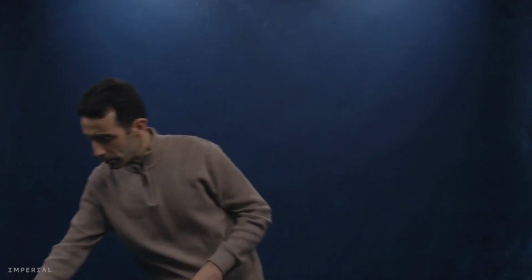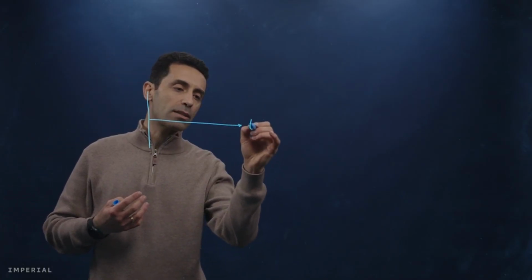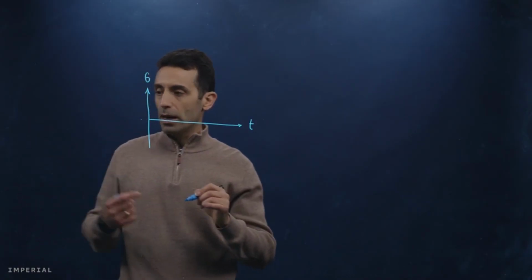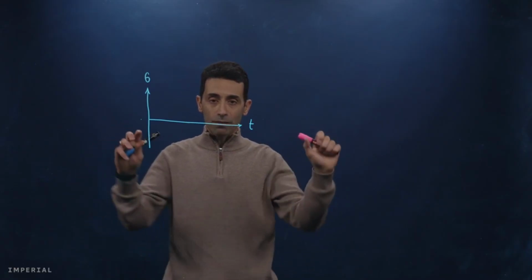So if I want to show a cyclic loading, imagine the rod I was showing there. If I look at the maximum bending stress in time, so this axis is time and this axis is the stress, I was applying loads and reversing the load.